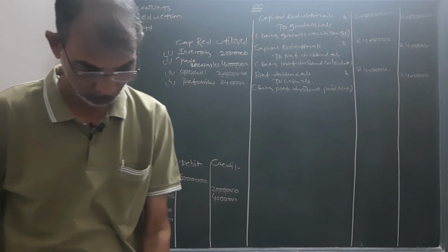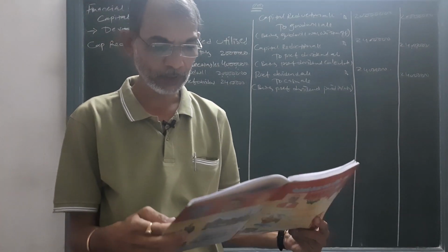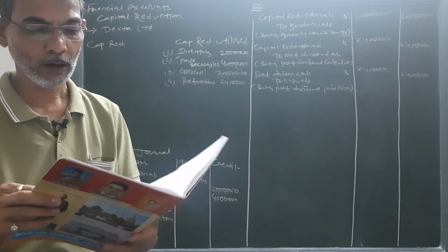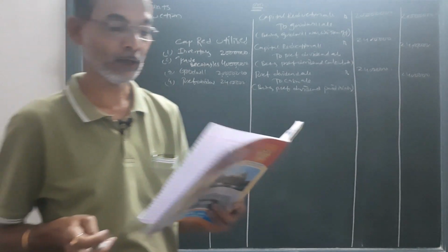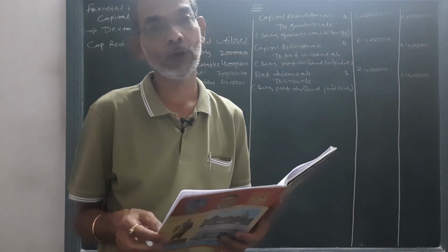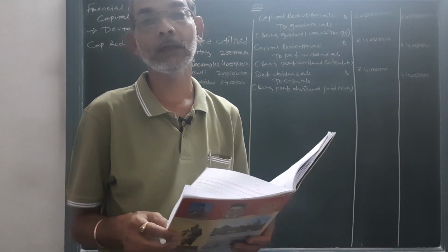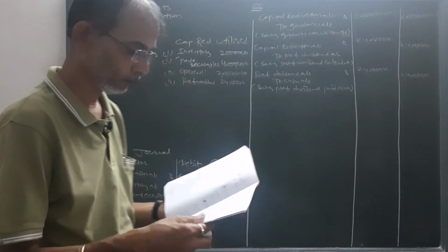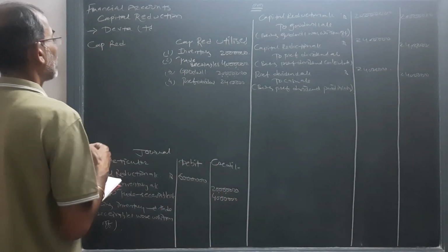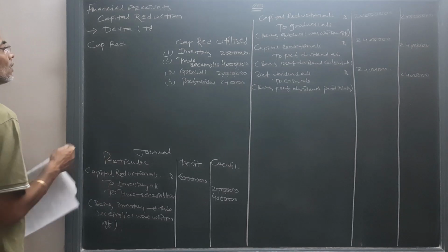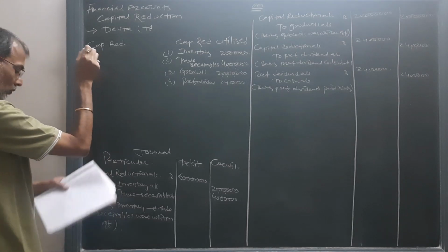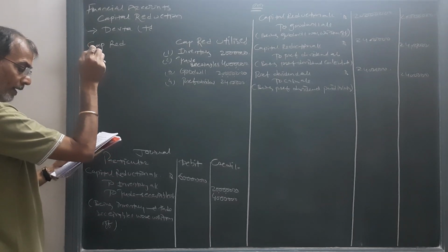Then it has been said that debenture holders are to be given building of 1 crore 60 lakh at 2 crore 40 lakh. That means 80 lakh benefit they will provide to the company, which will be written on the reduction side. Which asset is to be provided?